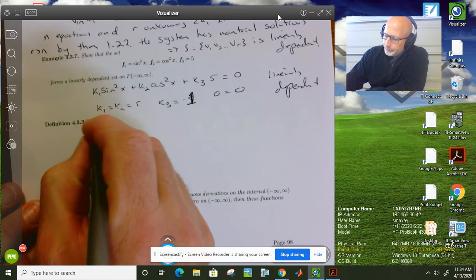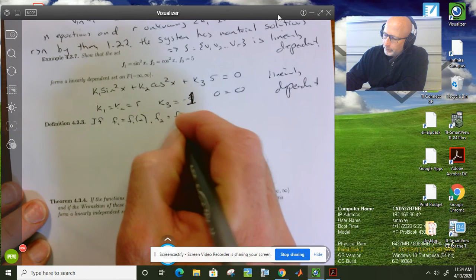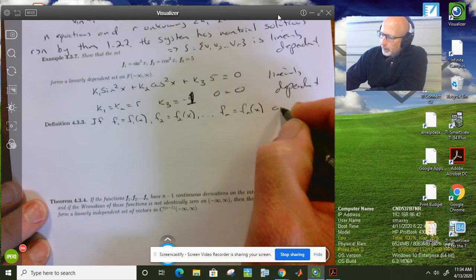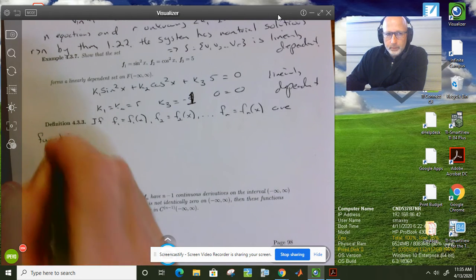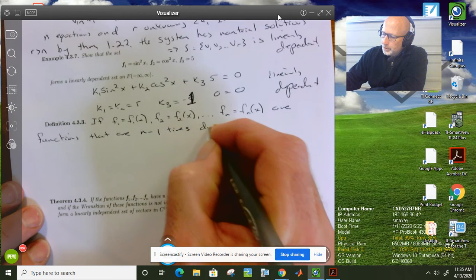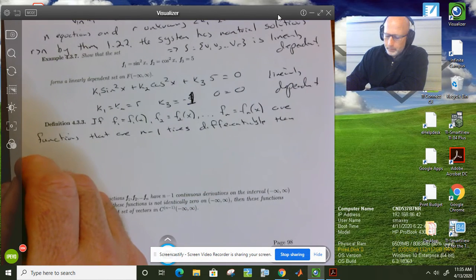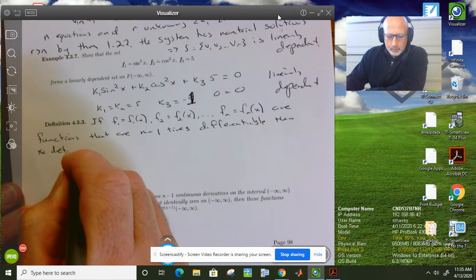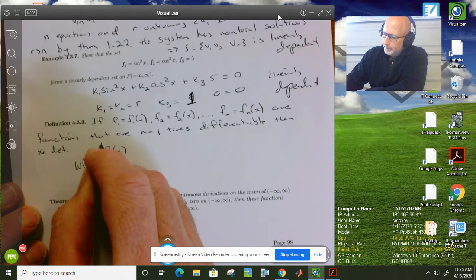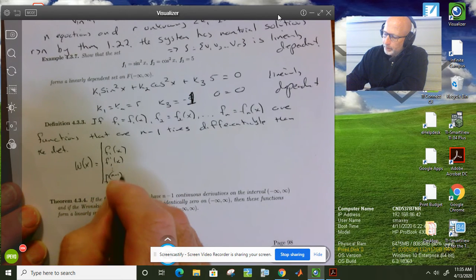So here we have, if f1 is equal to f1 of x, f2 is equal to f2 of x, and so on, all the way up to fn, which is equal to fn of x, are functions that are n minus 1 times differentiable, then the determinant W of x, which is equal to f1 of x, you guys have done this before, f1 prime of x all the way down to the (n minus 1)th derivative of f1 at x.